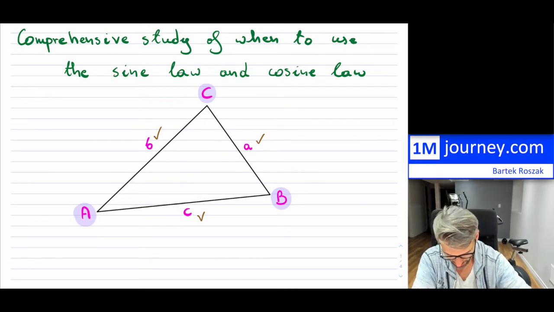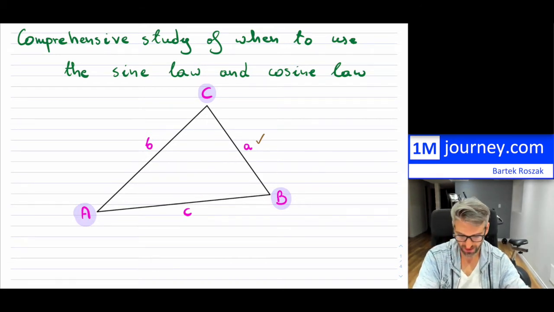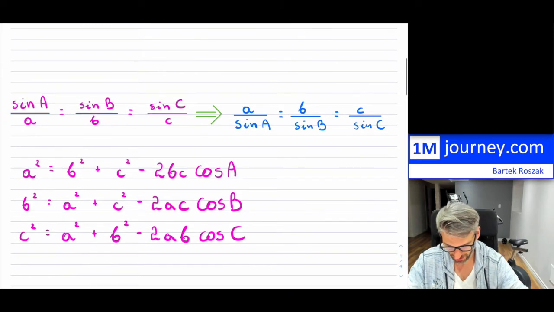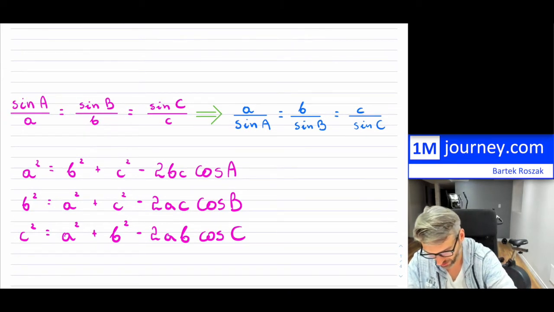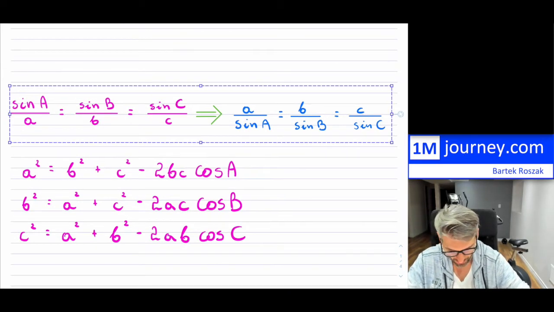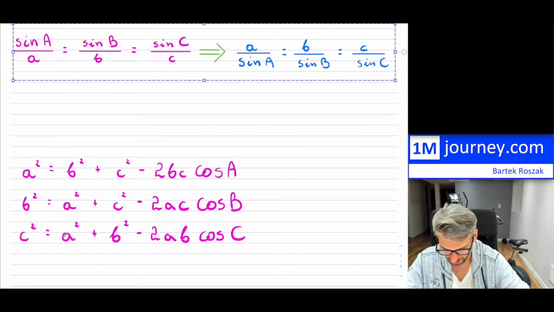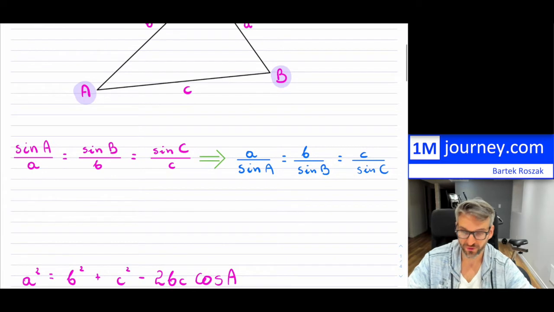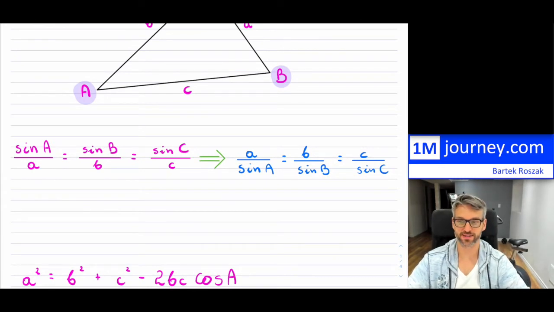Now that you get an idea of what these A, B, and C's are, here I have rewritten the sine and cosine laws. Again, you can go back if you want to know where they come from. This is the sine law. It compares basically as a ratio of angles to your sides.